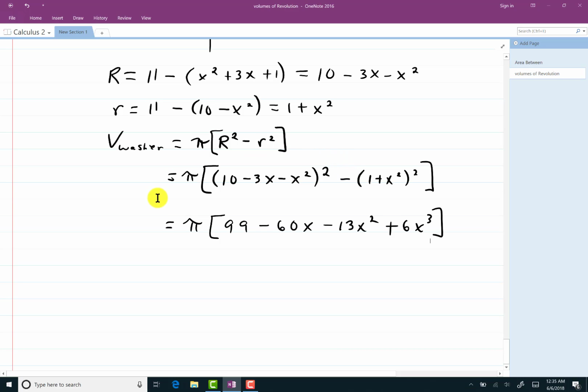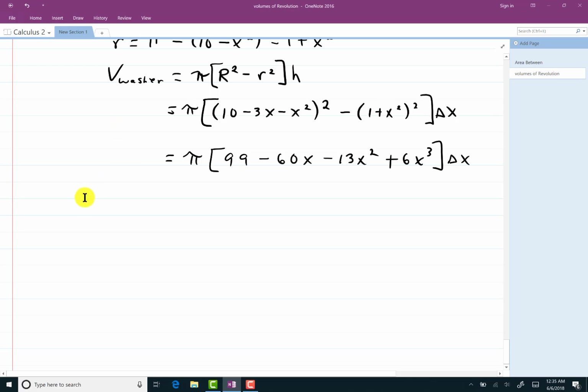Okay, anyways. Then the volume that we seek equals pi times the integral from -3 to 3/2 of 99 minus 60x minus 13x squared plus 6x cubed dx.